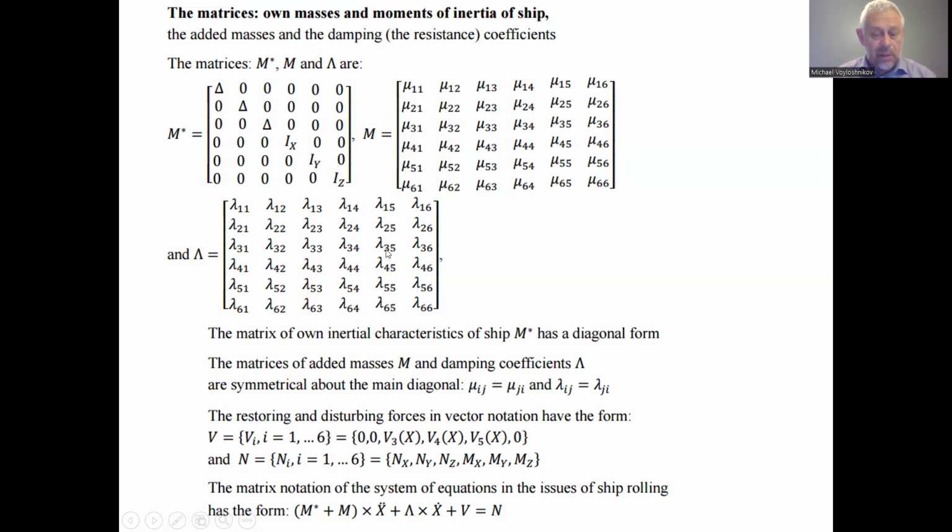So this, for example, is the impact on the vertical motion of ship, the force of the resistance due to vertical motion under the ship angular motion relative to the coordinate axis.